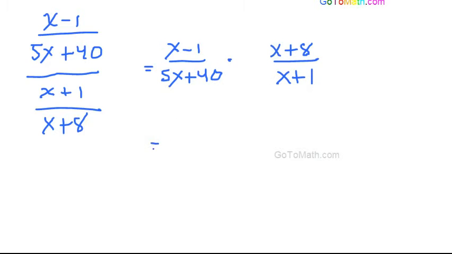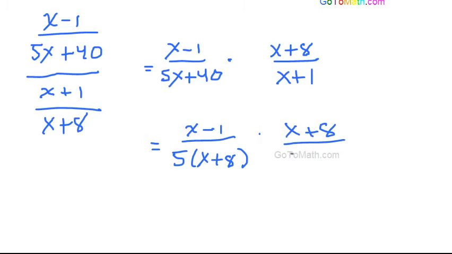Alright. Well, remember, I said something earlier, we can factor a 5 out. So we end up with x minus 1 over 5 times x plus 8 times x plus 8, and that's over x plus 1. So as you can see here, we've got x plus 8 in the numerator and 1 down here in the denominator.